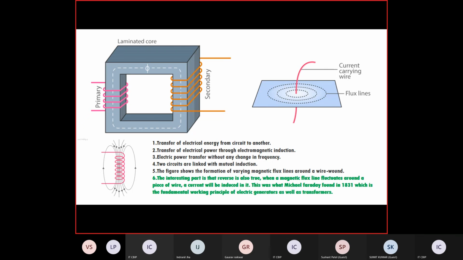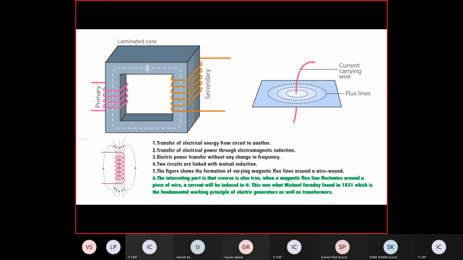This is how you can see the forming of the lines of flux. All right, so do I need to go into the detail of flux formation? No. Okay, so let us cover these points.